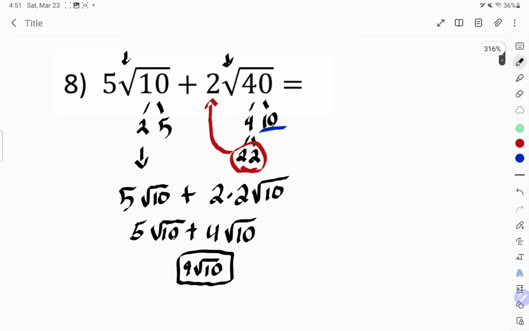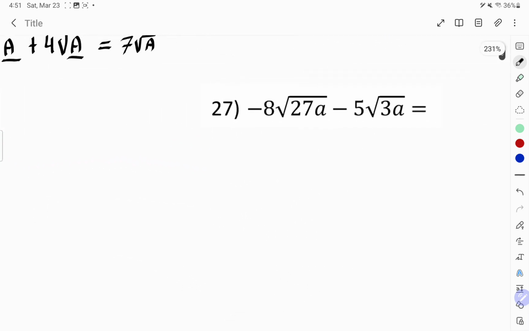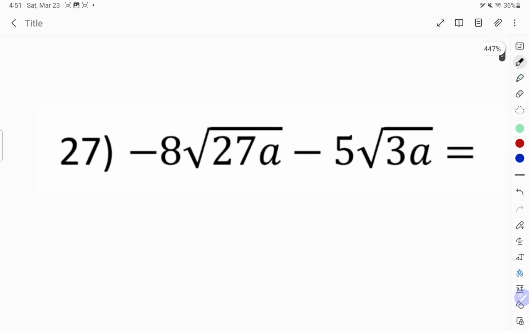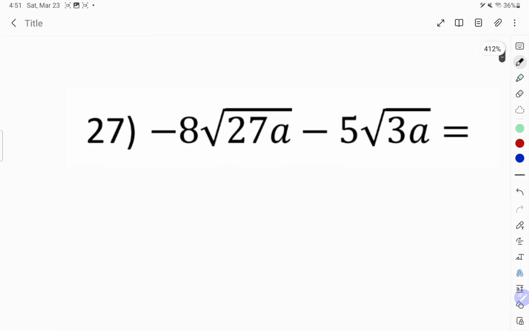Pretty easy, okay? Let's now work with the one that has a letter inside of it. Same concept. We're looking at both of my numbers, and in this case, we're subtracting. I can see I cannot simplify 3, so I'm going to leave that alone.